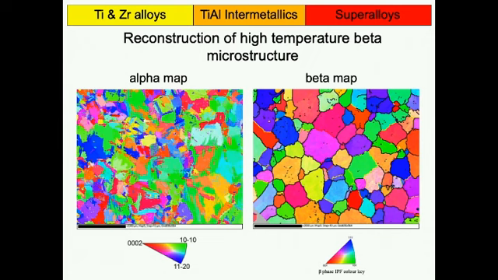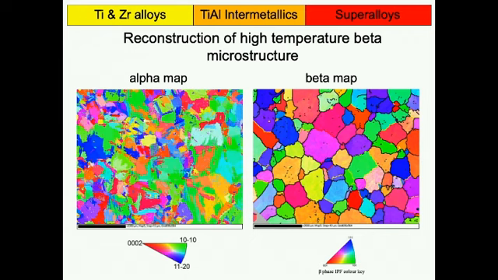Okay, so yesterday, and to some extent also last week, we were talking about the phase transformation in these titanium and zirconium alloys, and the fact that when you're at high temperature you have a beta phase, BCC, and at low temperature you get an alpha phase. And we were talking about, particularly in respect of titanium alloys, that you might have beta stabilizers, which means that you actually end up with some beta phase also at room temperature.